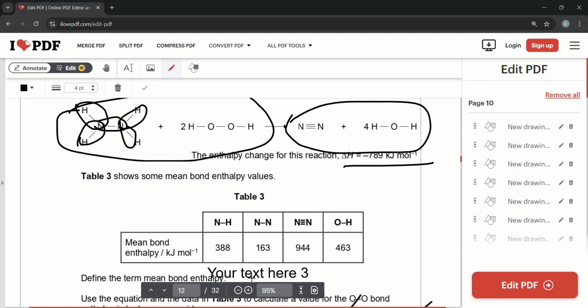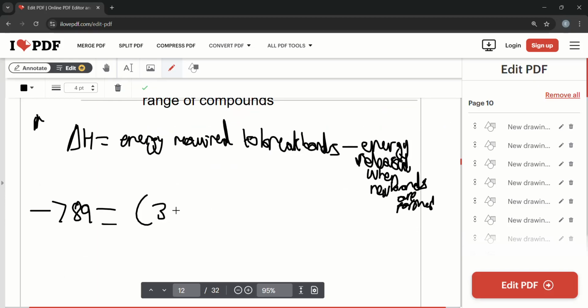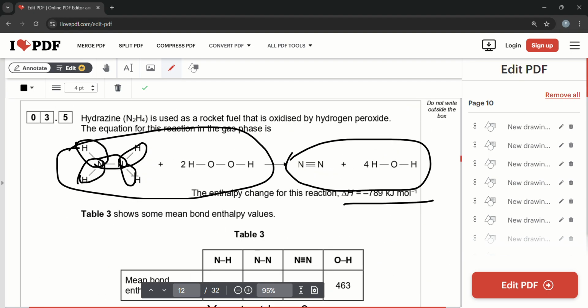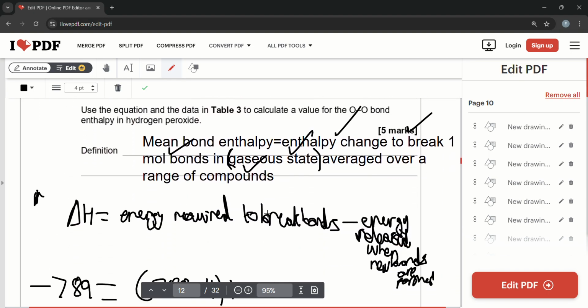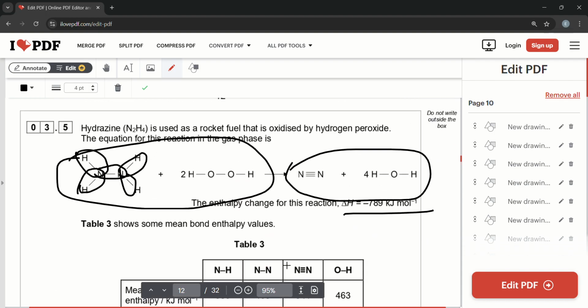So it's going to be N-H 388 times 4, plus an N-N, which is 163.